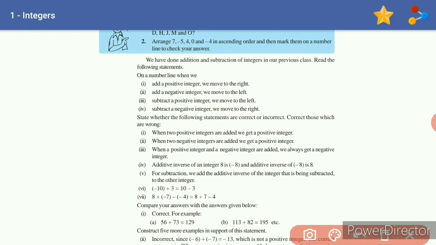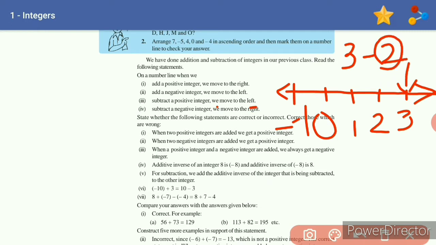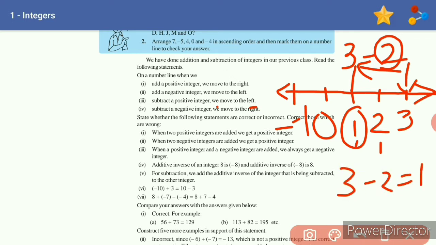Using the number line 3, 2, 1, 0 and -1, first mark 3 and move to the left. We move 2 steps, 1 and 2, so up to here. So the answer is 1. So 3 minus 2 is equal to 1.